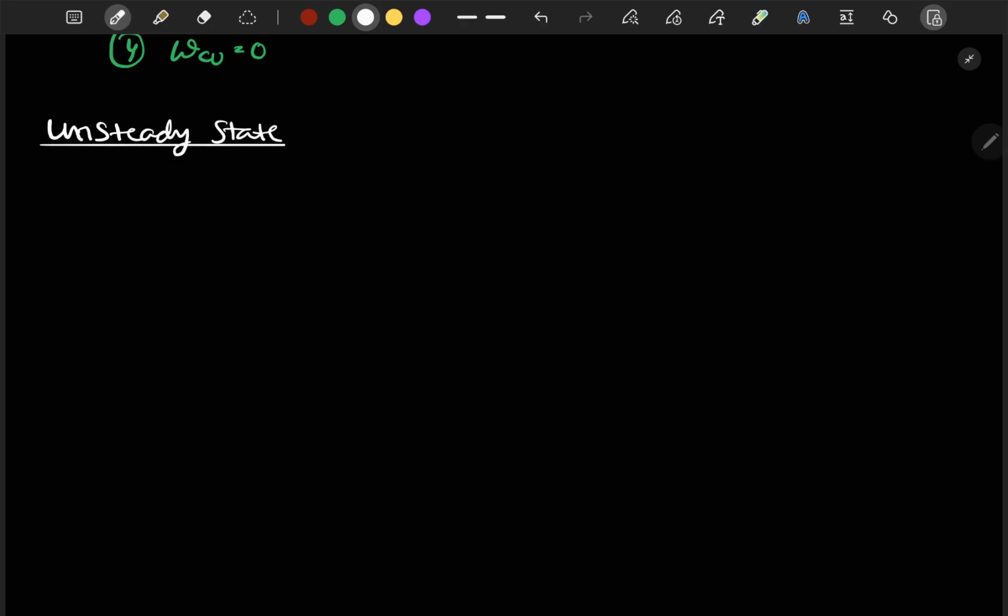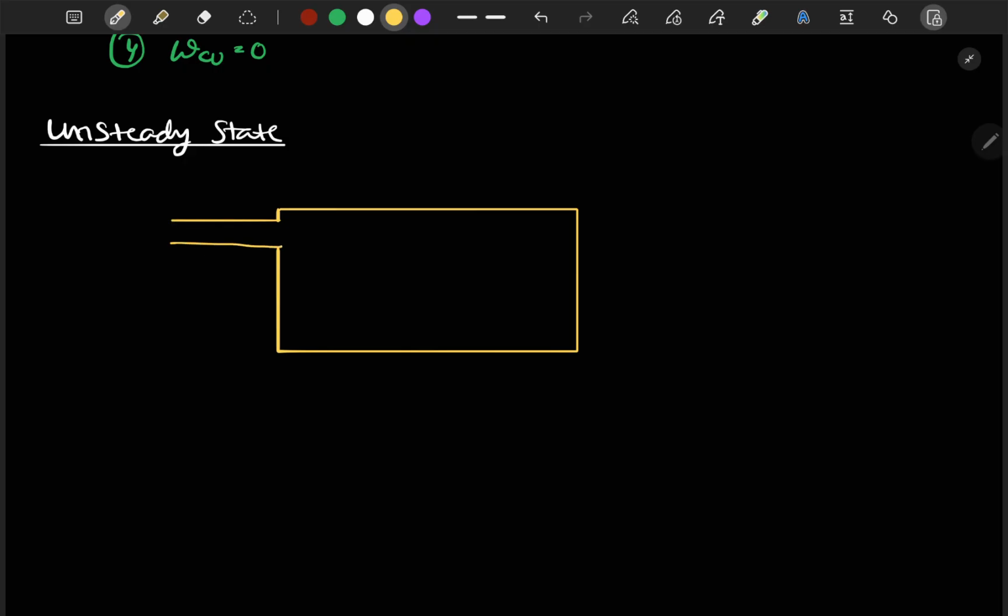Let's again consider a system. Let's say there is an inlet and this is the outlet. So this is I, this is E, inlet and exit.